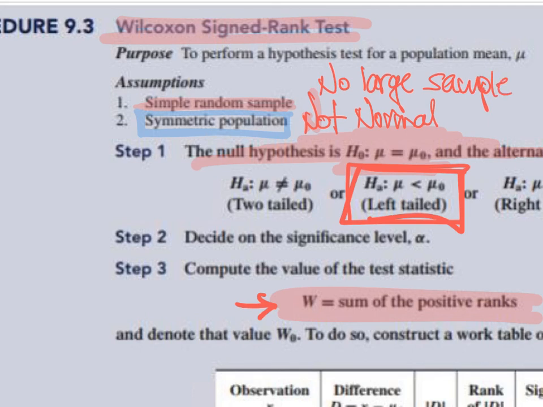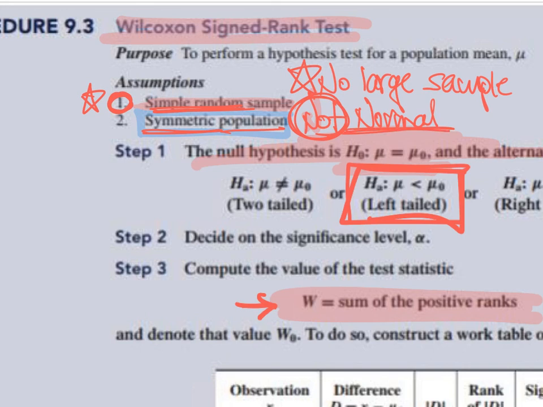And we don't even need the standard deviation. We don't need any assumptions for the standard deviation. So simply just a simple random sample. Most samples are simple random samples, and just the symmetrical population, that is enough. So most of the time when we have a small sample size, we absolutely cannot assume the normal distribution.